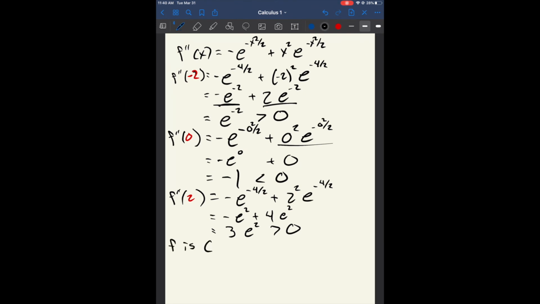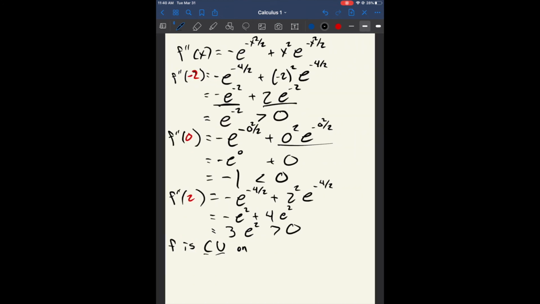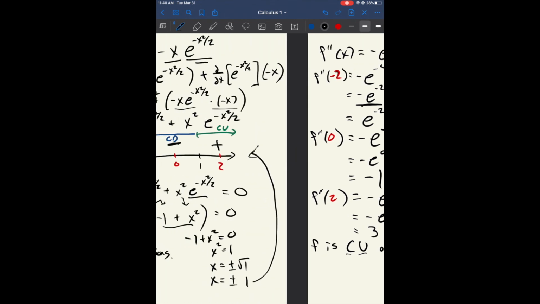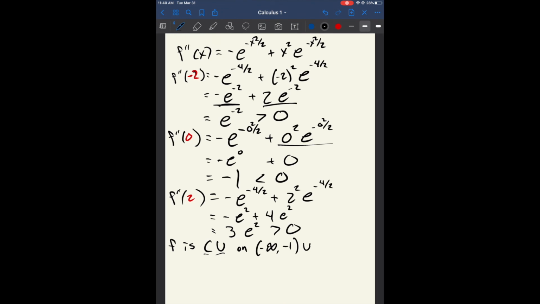Okay, so f is concave, let's maybe do up first, and forgive me for the abbreviation, right? Concave up on the interval from minus infinity to minus 1, union, so this union symbol, right, from interval notation, union this section from 1 to positive infinity.